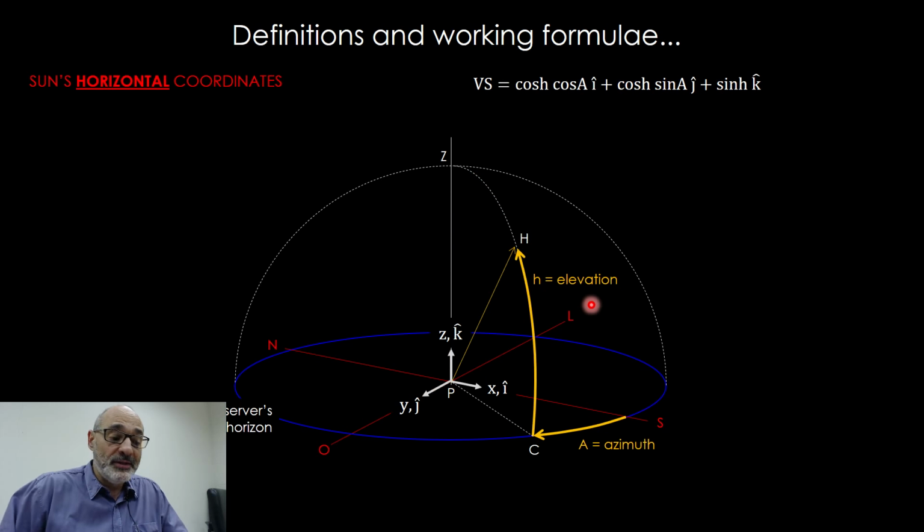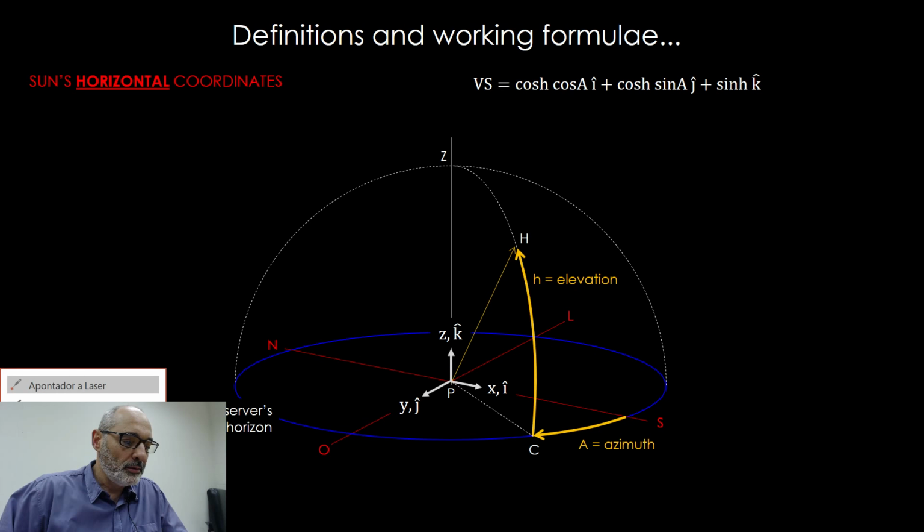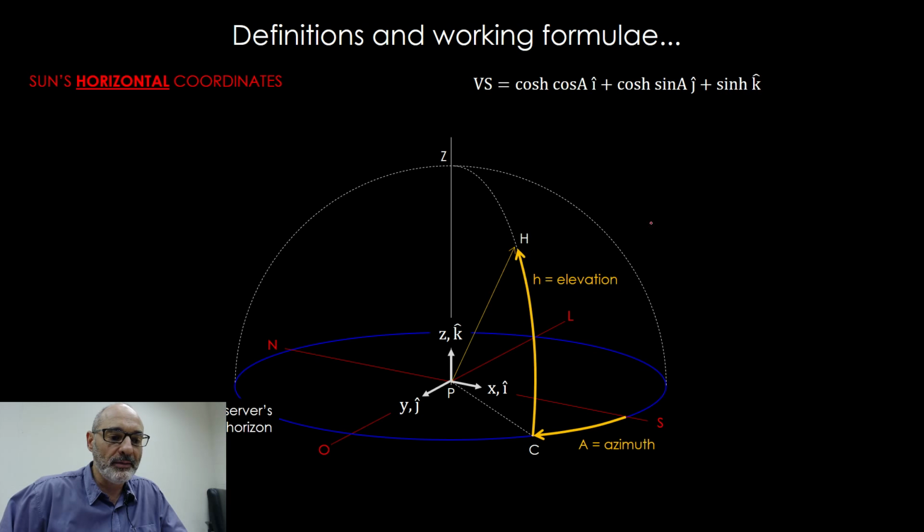Now, this is one definition that I'm going to deduce for you: how to calculate the solar vector in terms of azimuth and elevation. This is interesting. I'm going to do it once, and then the other times this appears, it's going to be the same. Let's see how it works.